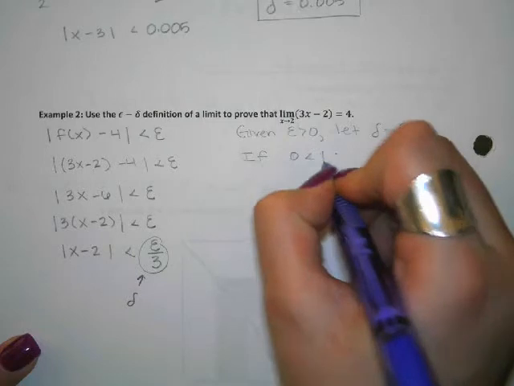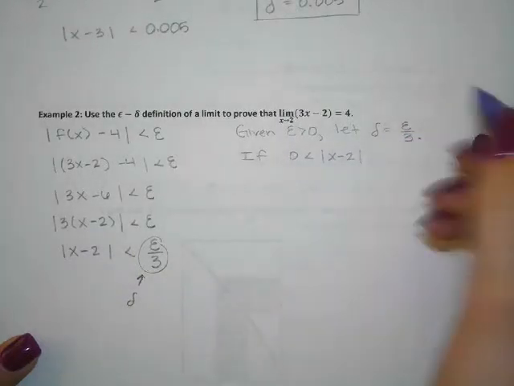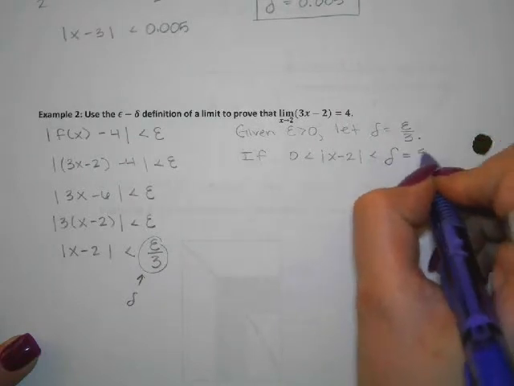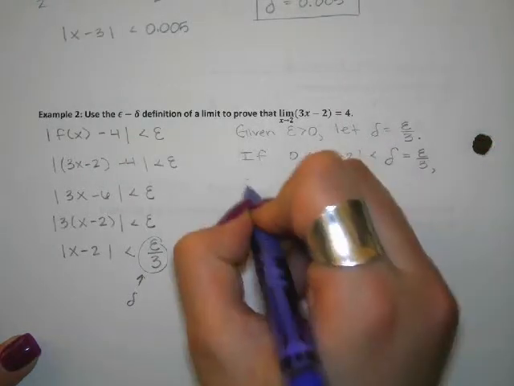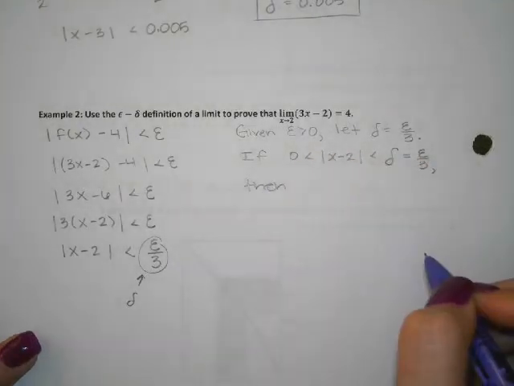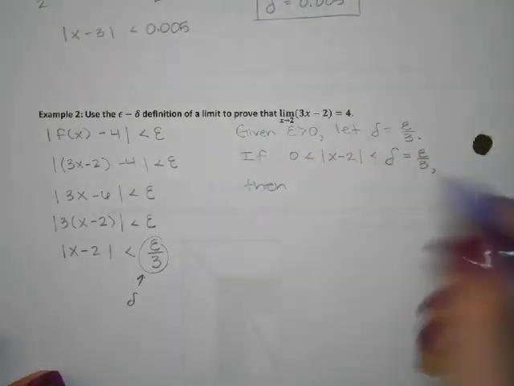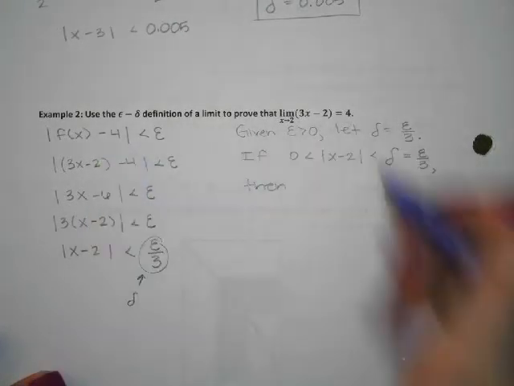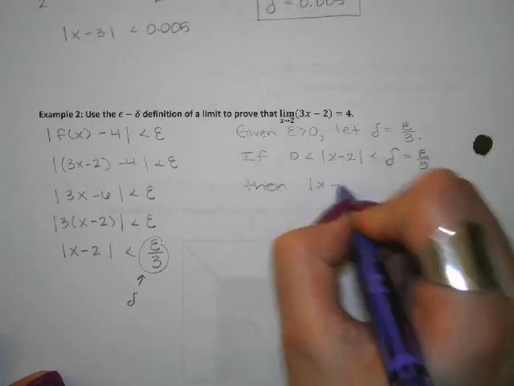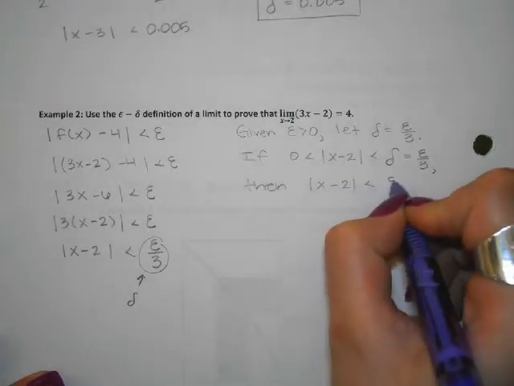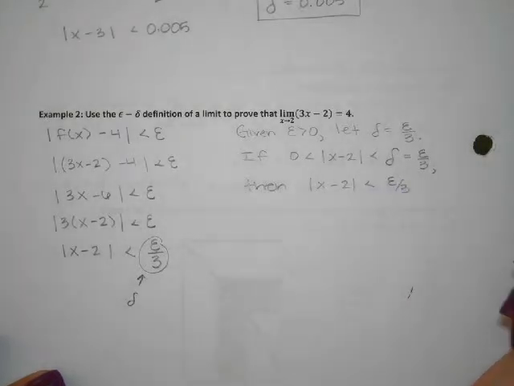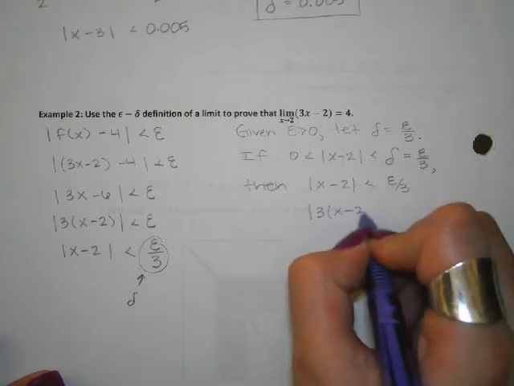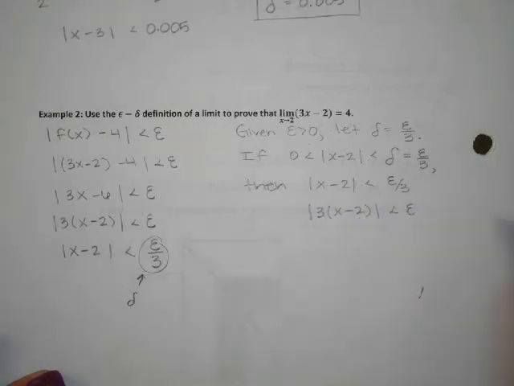If 0 is less than the absolute value of x minus 2 is less than delta, which equals epsilon over 3, then, and we're going to show our work. Basically what we're about to do is write these steps backwards. So we're going to say, then the absolute value of x minus 2 is less than epsilon over 3. And 3 times x minus 2 is less than epsilon.